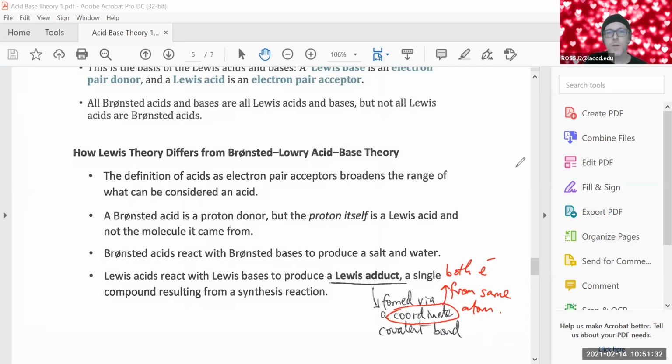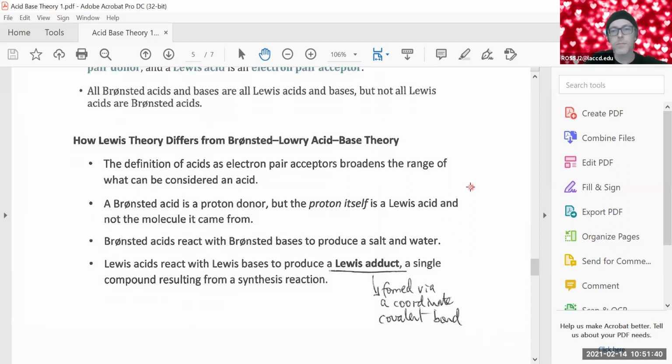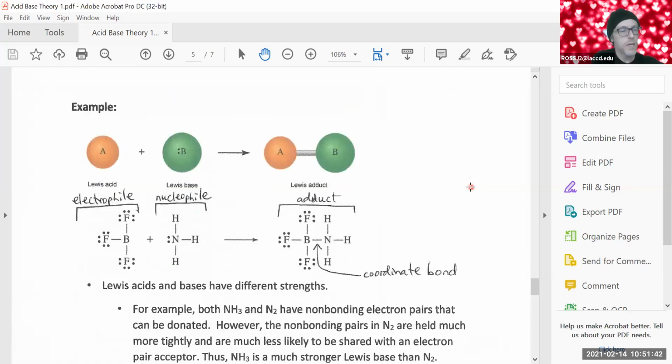Okay, so let's have a look. Let's clear that and scroll. So here's some adducts. Here we've got the Lewis acid A, the Lewis base B with its lone pair, and then we can form the coordinate bond.